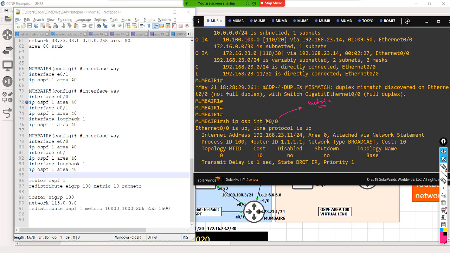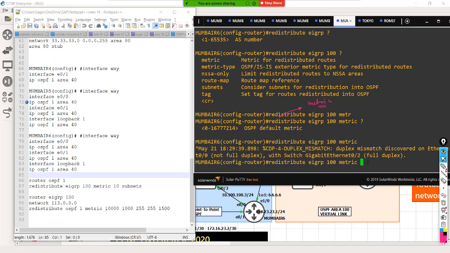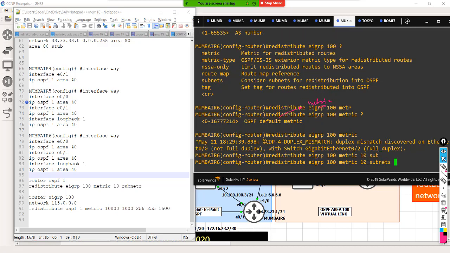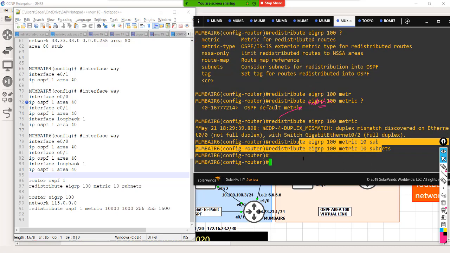But since I'm using Ethernet, my cost is 10. So keeping that in consideration, I'm going to say my default metric is 10. And I'm going to keep this for all the subnets that I'm going to advertise. With this command, I just injected the EIGRP routes within OSPF. That is one way I did.